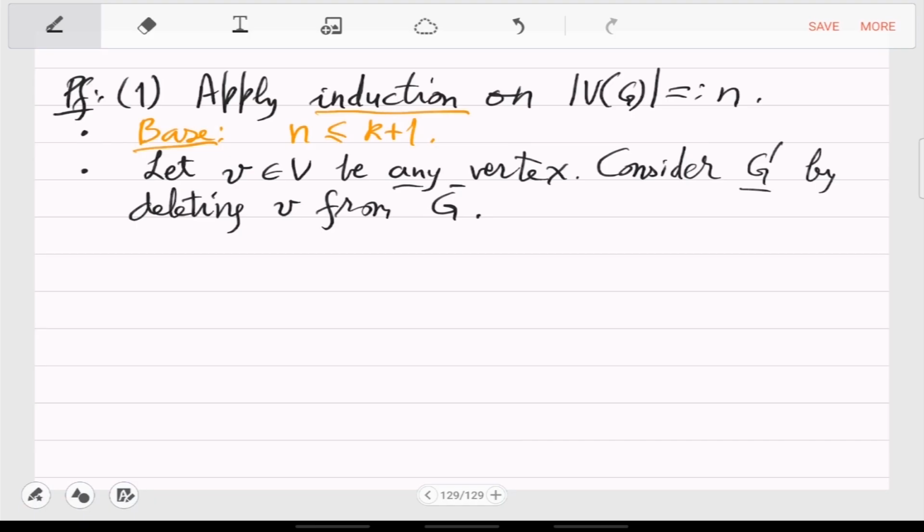So now the vertex V is gone, vertices are now n minus 1, and all the edges incident on V are also gone. So this is basically the vertex set V minus V, and the edges minus those at the neighbors of V. That's the graph. Both the vertex set is definitely reduced, and possibly the edges are also reduced if V had neighbors.